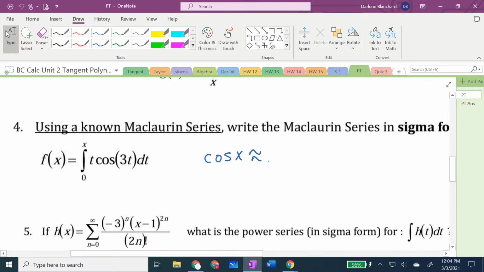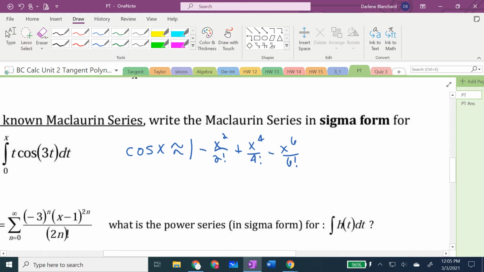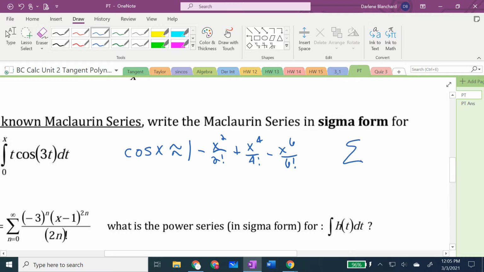It begins with its y-intercept and then has only even exponents, but it alternates positive, now negative, positive, and this is wanting sigma form. So you can either use the first few terms or you can do it in sigma form, and I'll try to show both. You know that cosine is equal to negative 1 to the n. It's even, so 2n.